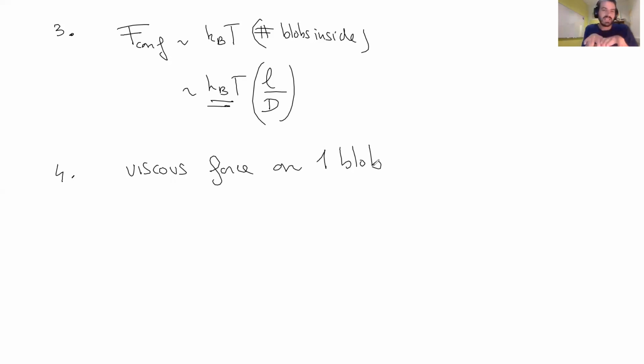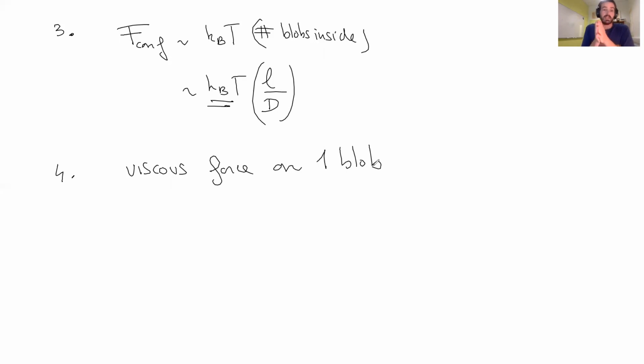We know that in the static picture a blob is an independent object, and what matters inside is not connected to what happens outside. A blob is a kind of sphere with its own cooking inside, but there is no effect of the outside world on the inside of the blob. Okay, it's an independent compartment.